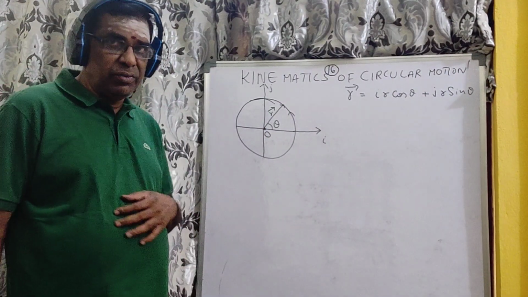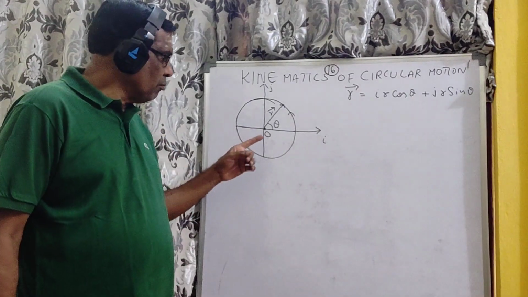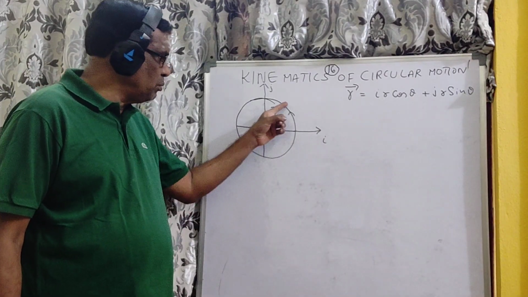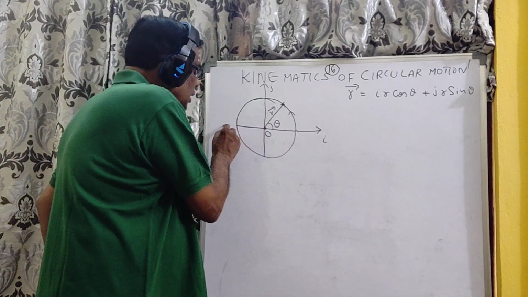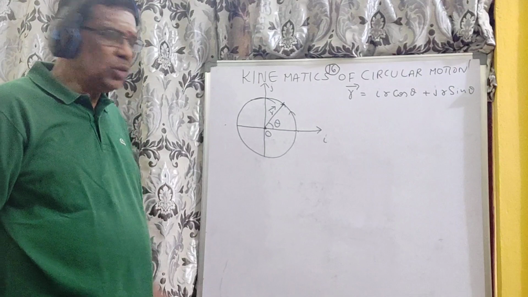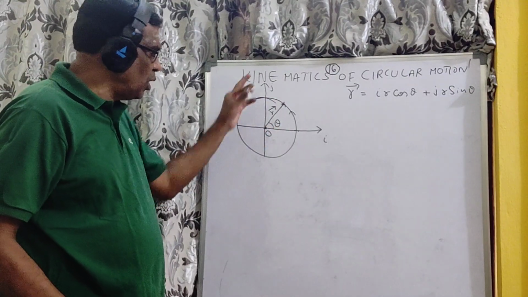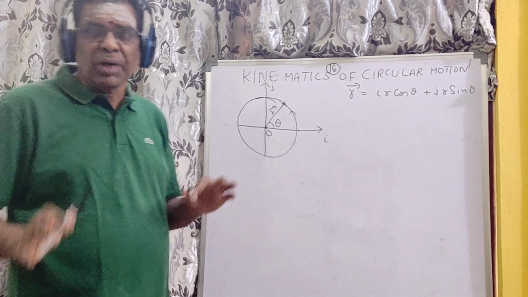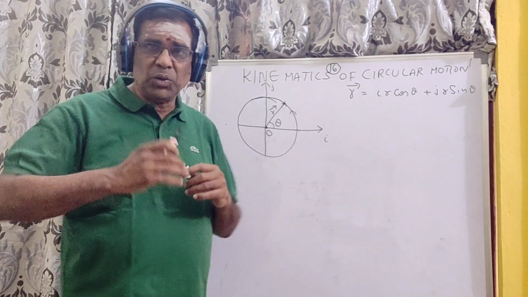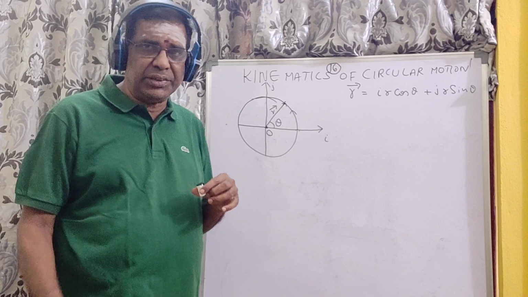All three are required for us, I will tell you. First I took some general position: the particle is here, making an angle theta with the x-axis. So I resolve this into two components. I'm only looking at kinematics. Remember, dynamics also comes into the picture, but not at this stage.